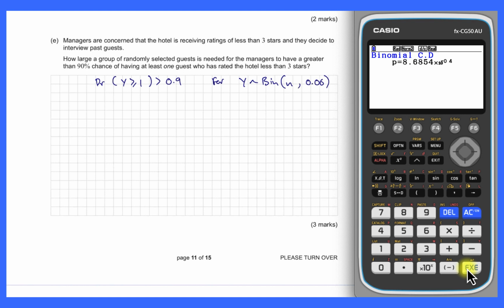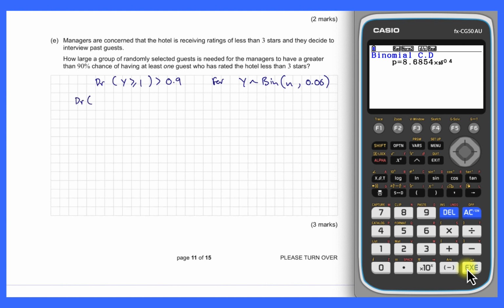Now there are 2 ways to go here, and I'll show both of them. One way to go is if you're feeling confident with the binomial distribution formula and you recognize that the probability of greater than or equals to 1 is 1 take the probability of x equals 0, the only thing that's not greater than or equal to 1, then we can go down this path.